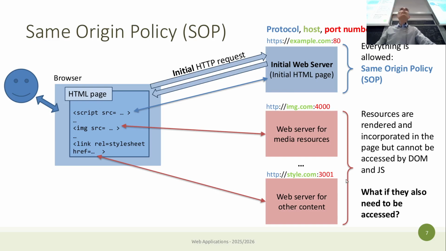But at a certain point, we have a problem. Actually, we already have the problem in our simple example application, right? Because we have an initial web server, the one that serves to us the static page where we get all the JavaScript code from React and so on. And then we have an API server, where we perform the operations on the data.